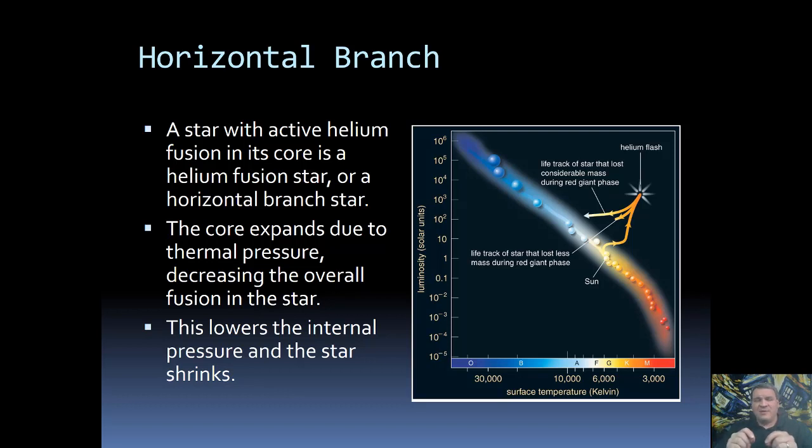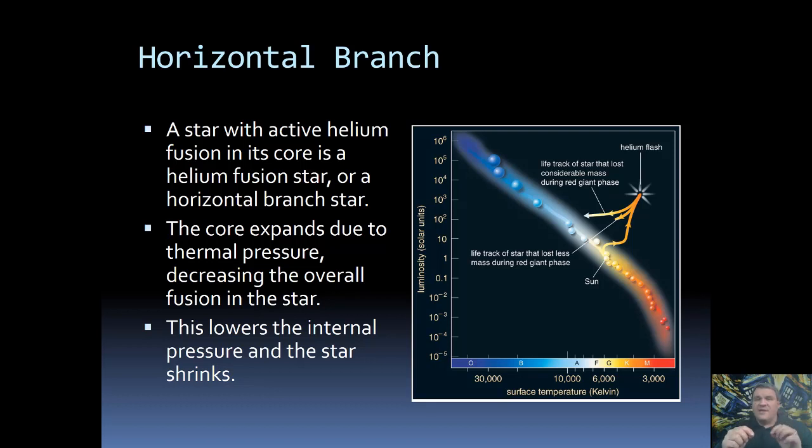Well, as this happens, the core is going to expand because we have that fusion. As the fusion increases, the core expands. As that core expands, that means that the shell fusion layer is actually going to have less gravity squeezing in on it, so it's going to cool off as well, which leads to a decrease in the overall fusion rate, which leads to less pressure through the rest of the star. If we have less pressure in the rest of the star, then gravity wins, and the outer layers are then going to shrink.